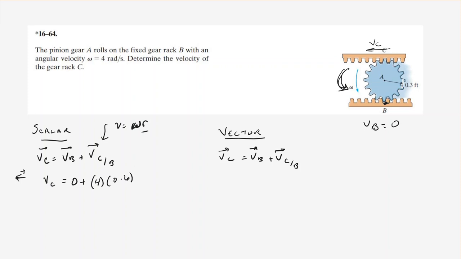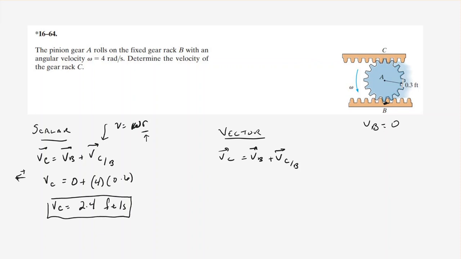Well, it's not a radius. 0.3 is the radius, but r is the distance, so this would be twice that, which is 0.6. So v sub c is 2.4, and since it's a velocity, it's feet per second. And since it's rolling this direction, it is going to travel to the left. So I feel pretty good about that. So this is this approach.